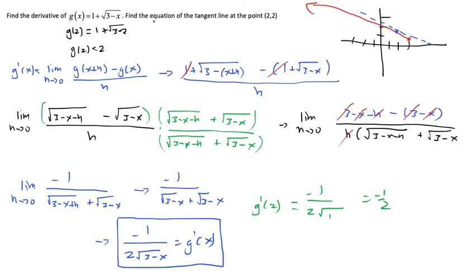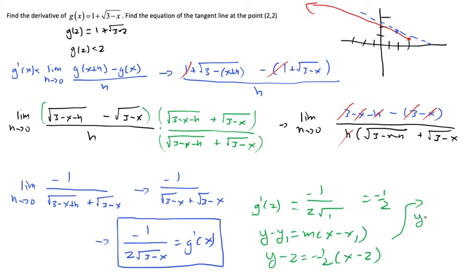Now the question says to write the equation of the line, not just find the slope. So we do want the equation of that line. It's just one more step. We're going to use the point-slope formula here. So y minus 2 equals negative 1/2 times x minus 2. So y minus 2 equals negative 1/2 x plus 1.